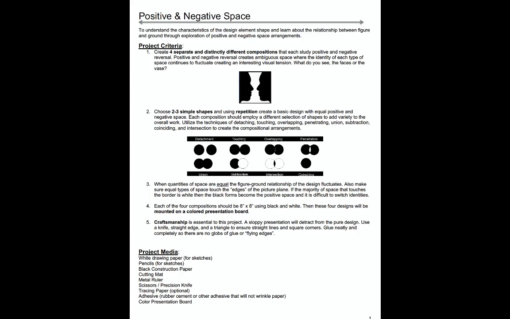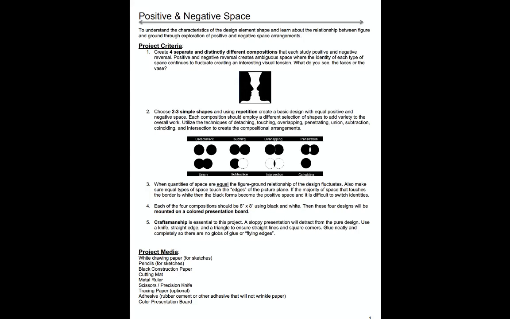First of all, you want to make sure that the qualities of positive and negative space are fairly equal in terms of what's touching the border. If you imagine a black circle floating in a white piece of paper, the white is touching all the borders, and that is going to very clearly identify the black circle as the positive space.